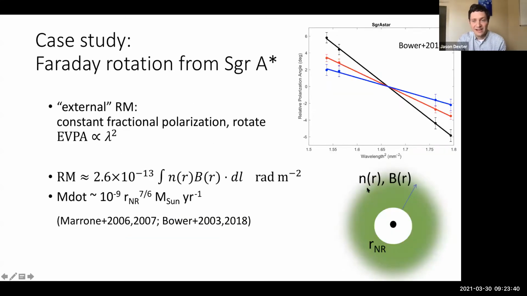Okay, so maybe it'd be useful to go over examples of how this has been used for studying the galactic center, where these techniques are a very powerful diagnostic of accretion physics.